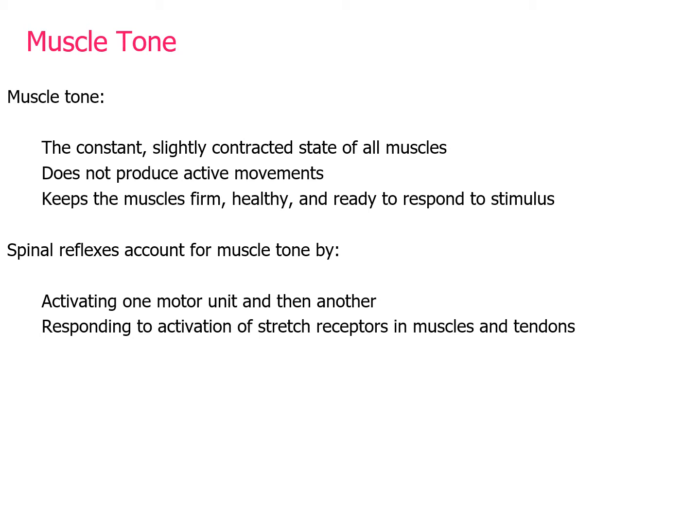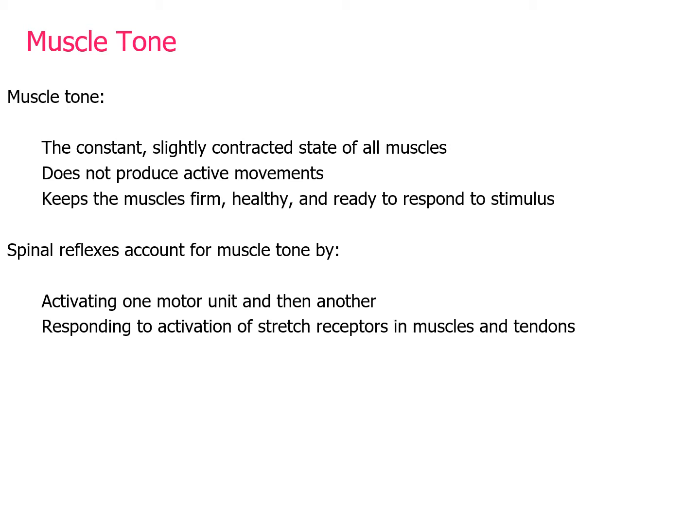So any wavering back movement, if you start to lean backwards unintentionally, then you have these reflexes that'll pull you back up. So you're constantly activating all over your body these skeletal muscles to maintain good tone and to maintain proper position or posture.